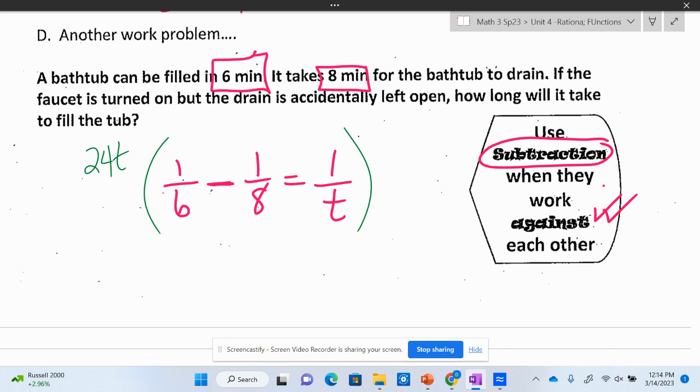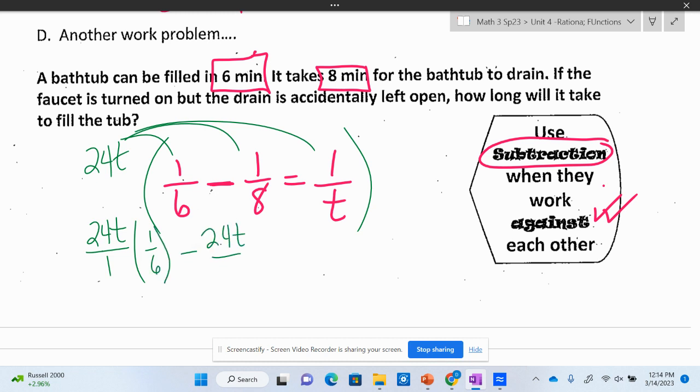So we're multiplying every single thing by 24t. So it looks like this. You don't have to do this if you get it. 24t over 1 times 1/6 minus 24t over 1 times 1/8 equals 24t over 1 times 1/t.